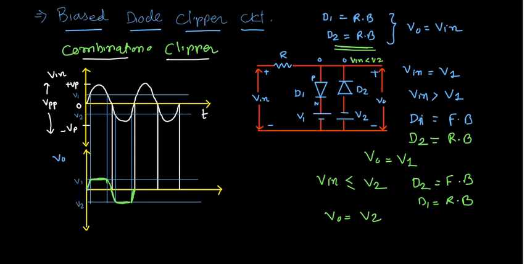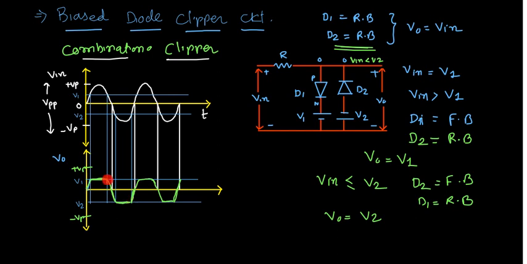So likewise, this output waveform will become like this. So positive and negative bias are controlled by V1 and V2. You can see this one is plus Vp and this is minus Vp. But this actual output waveform is clipped from this section only.